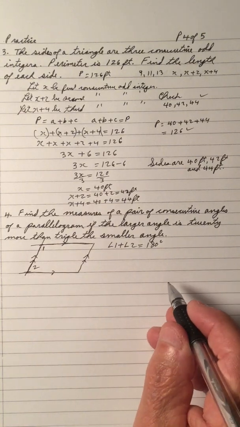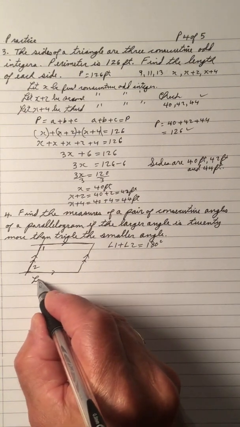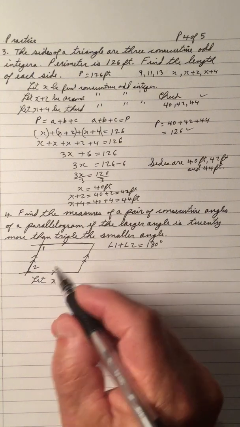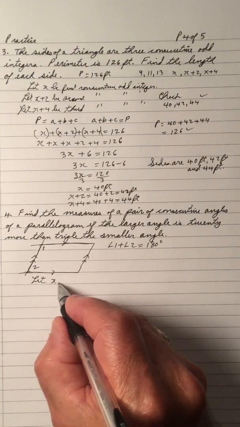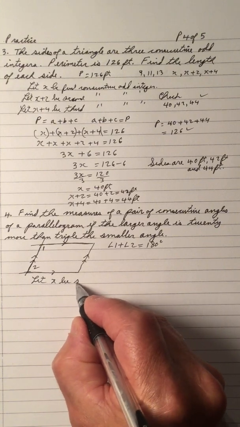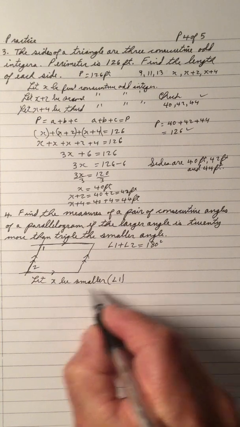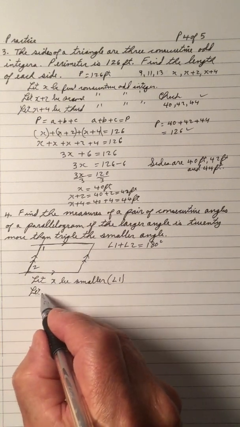Add up to 180. So we'll let x be, let's say, the smallest angle, or angle 1. X is the smallest angle. I'm going to call it angle 1.